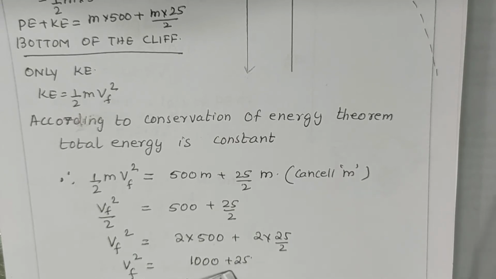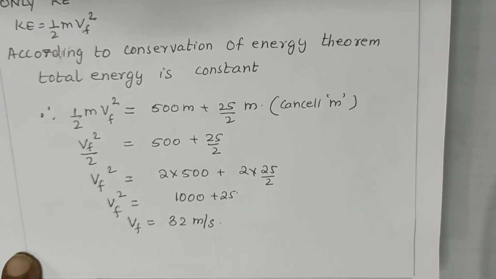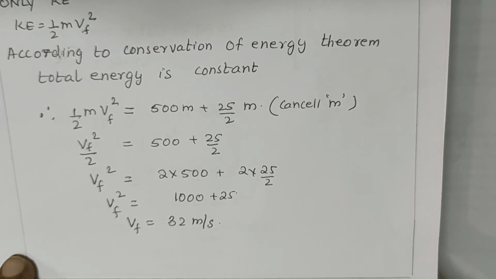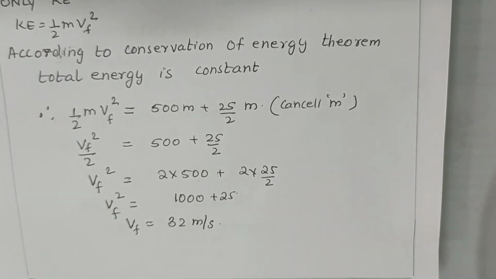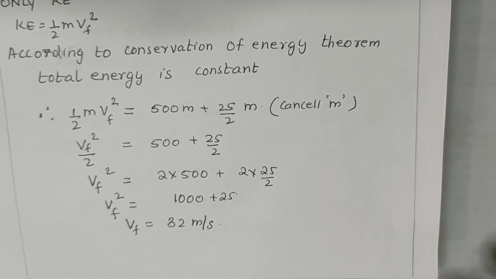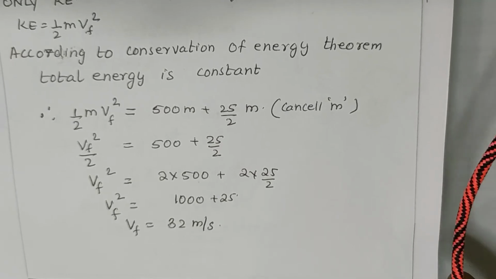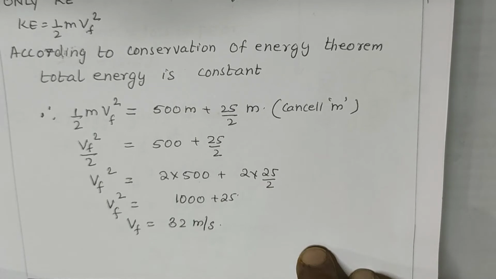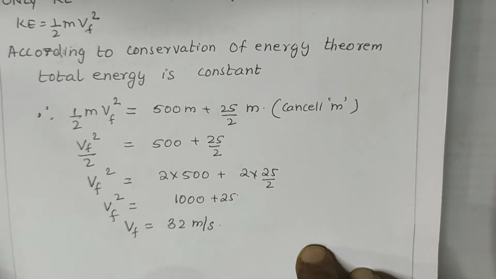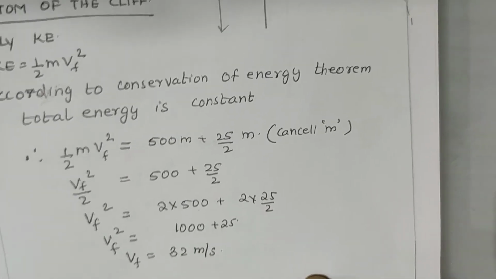Vf square equals 1000 plus 25, and on solving, we get it as 32 meter per second. So here, though we can solve this problem with other methods, what we have dealt with is the method using conservation of energy.